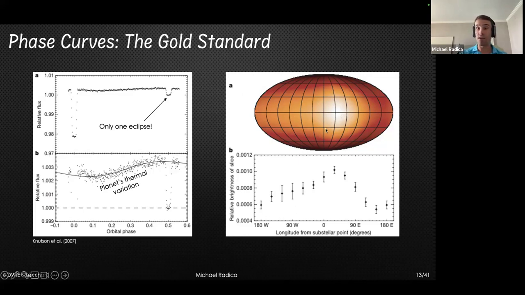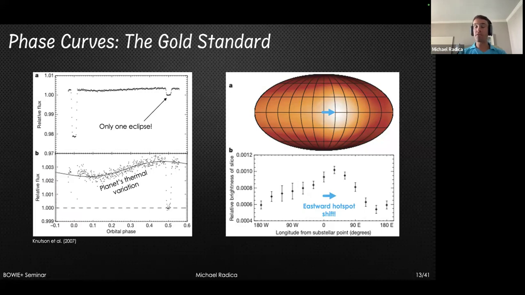And what we see both in the top panel in that map and also in the bottom panel, where we have the relative brightness as a function of longitude, is that the brightest part of the planet is again shifted east from the substellar point. Exactly what we would expect from our theory if the bulk flow is west to east. And so, yes, we have the hot spot shifted east of the substellar point.